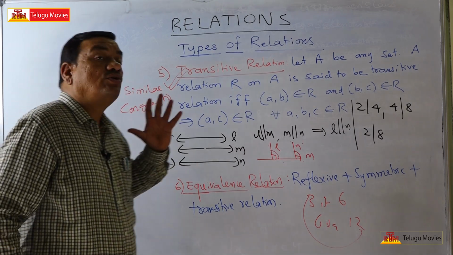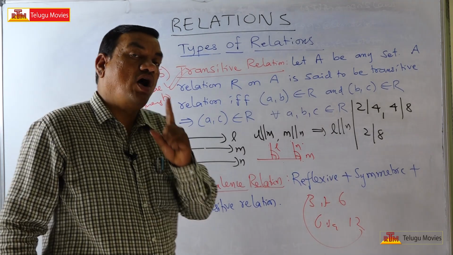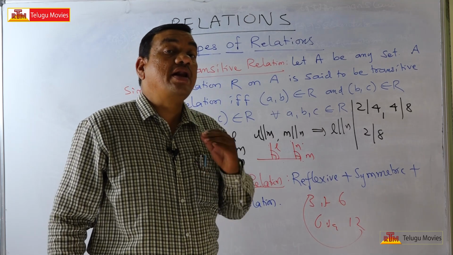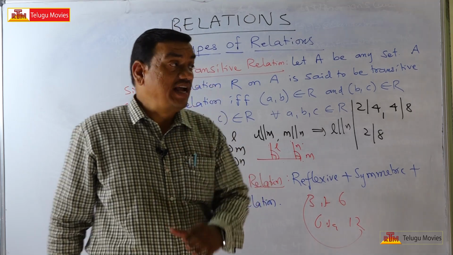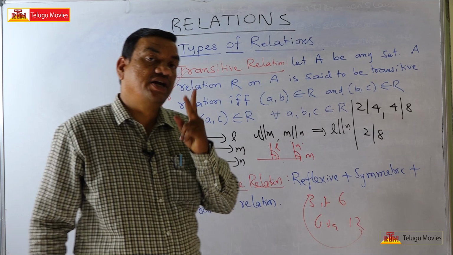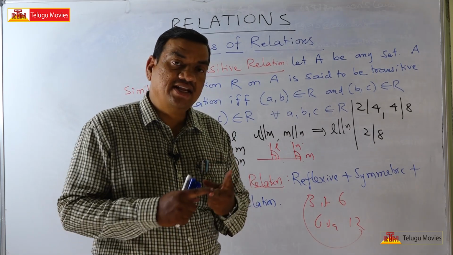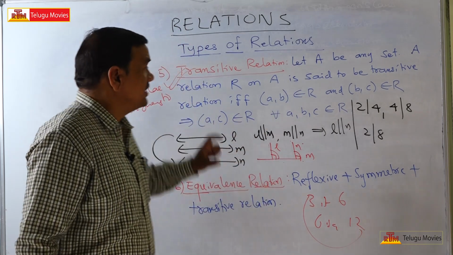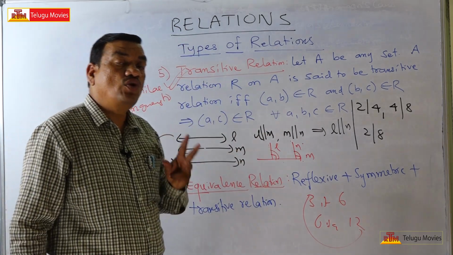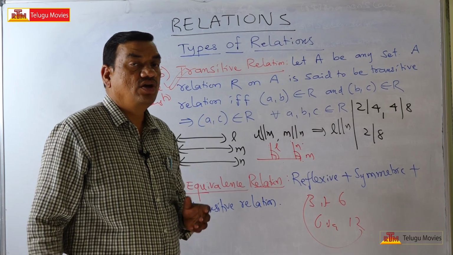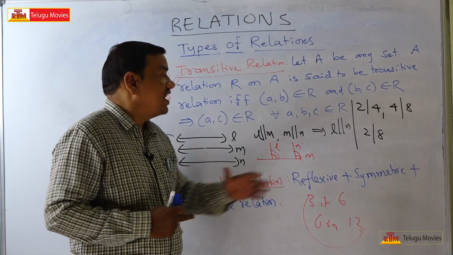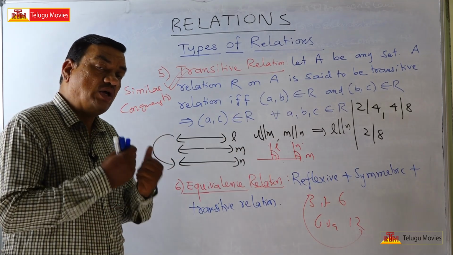Understand? Therefore, factor of is also a transitive relation. So, in order to check reflexive relation, you have to consider one item, one line, one triangle, one number. To check symmetric relation, you have to take two items, two lines, two triangles, two numbers, whatever may be that. To check the transitive relation, you have to consider any three items, any three numbers, any three lines, any three triangles, whatever may be that.